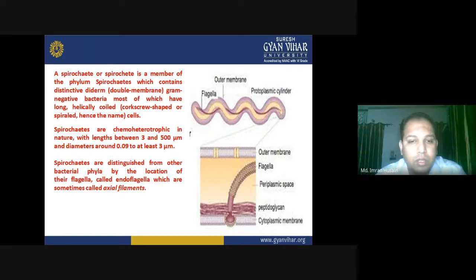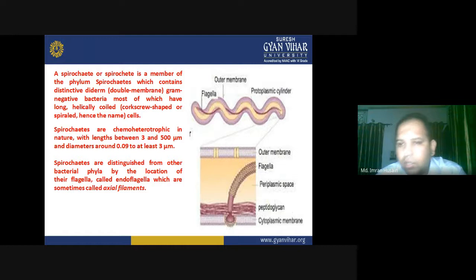Spirochetes are distinguished from other bacterial phyla by the location of their flagella, called endoflagella, which are sometimes also called axial filaments. The flagella are present in a very different state, running around the structure of the bacteria, and they also cover the spiral of the bacteria.